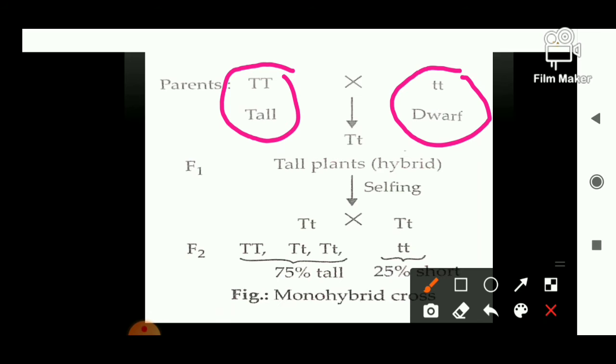He interpreted that in the pea plant each trait is determined by a pair of factors. In a tall plant the factors are TT, right? And in the dwarf plant these are small t and small t. Actually these are called alleles.